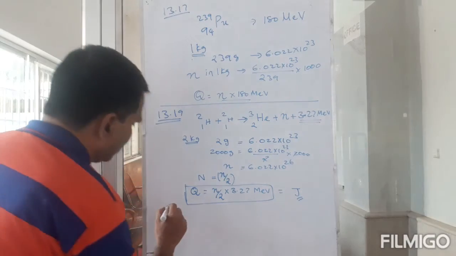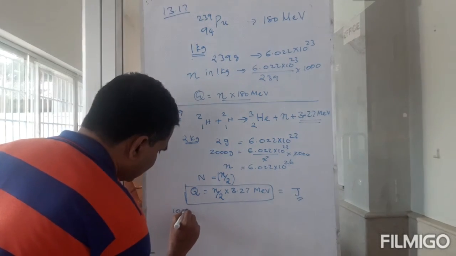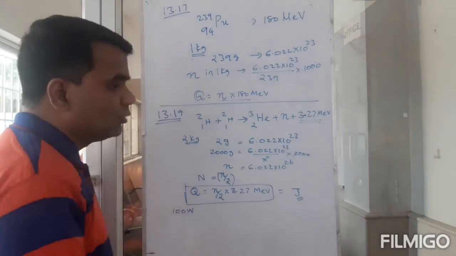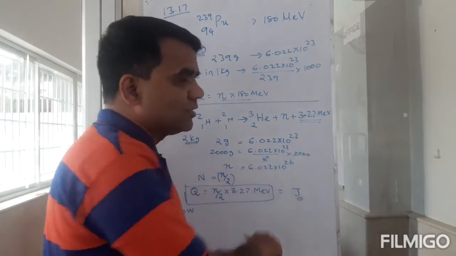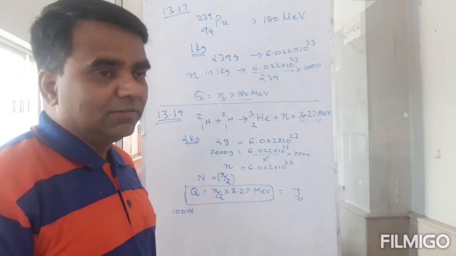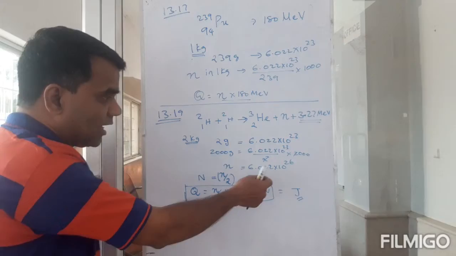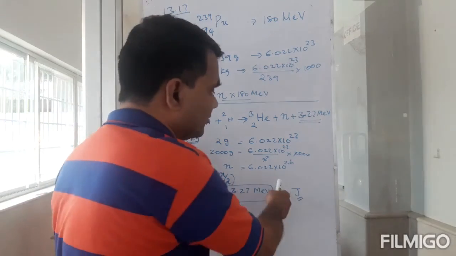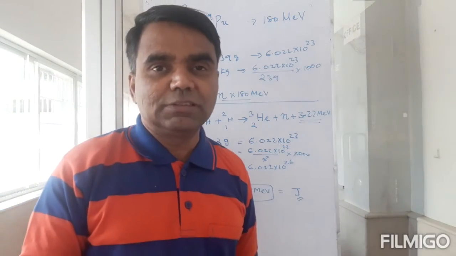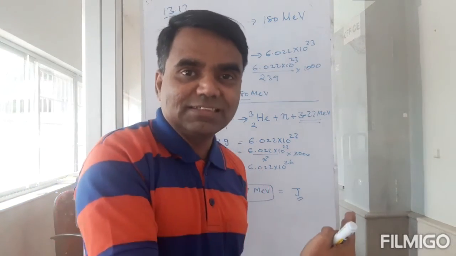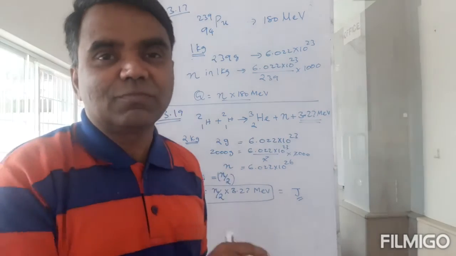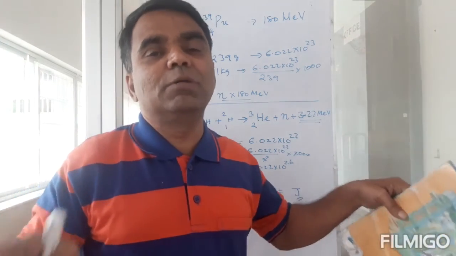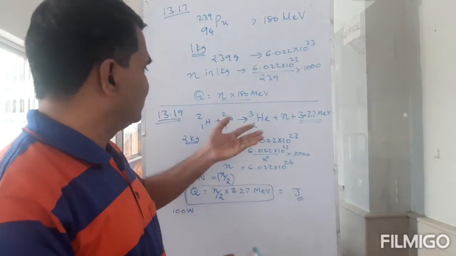It takes 100 watts, that is 100 joules per second. Then you figure out how many joules are here, and per second 100 joules is going to be taken from this. So how many seconds can this energy be used by your bulb? That is how long the bulb will glow.